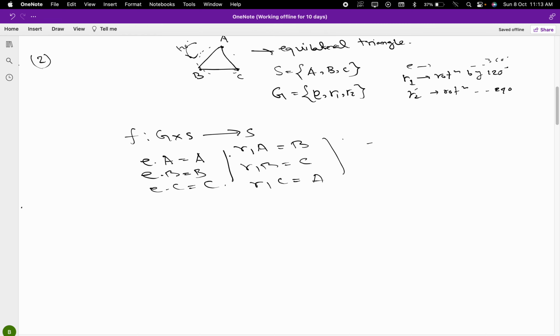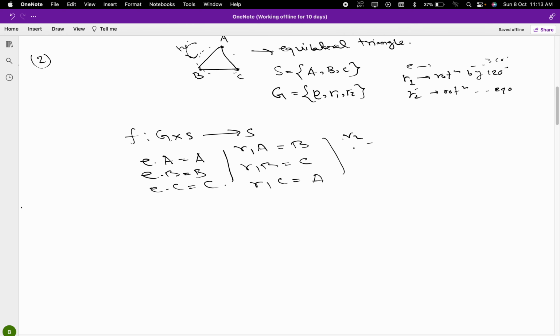I am checking the well-definedness of this map: you are taking an element of G cross S, that means an element of G and an element of S, and the result is an element of S. How can I make this map well defined?